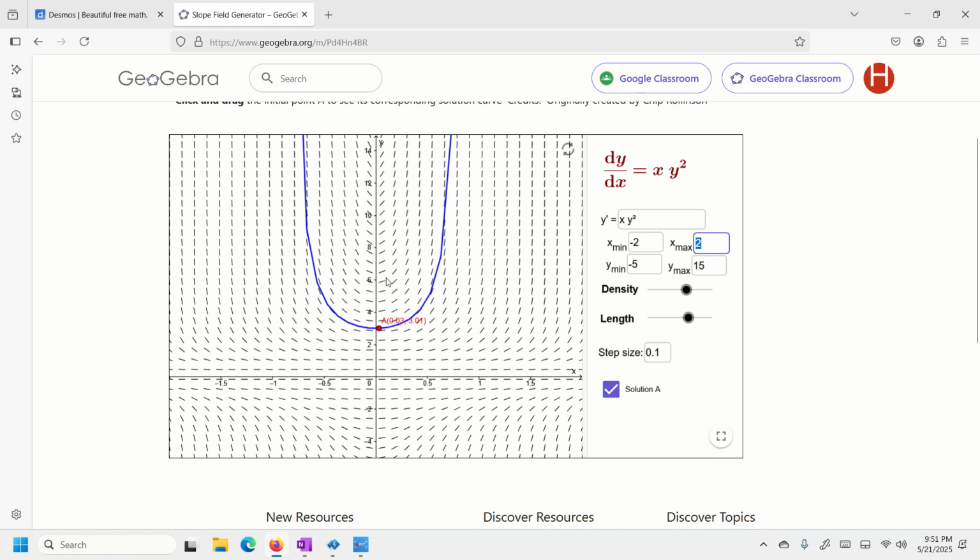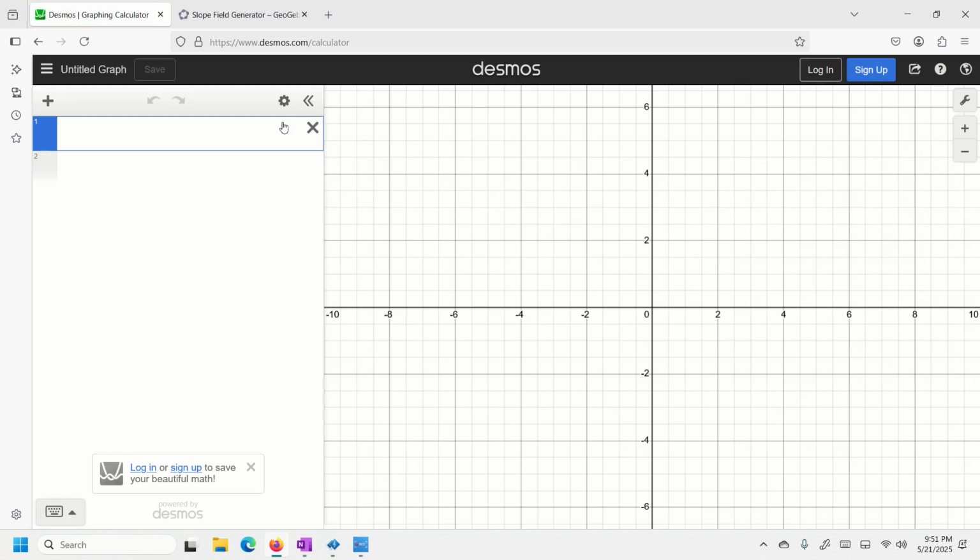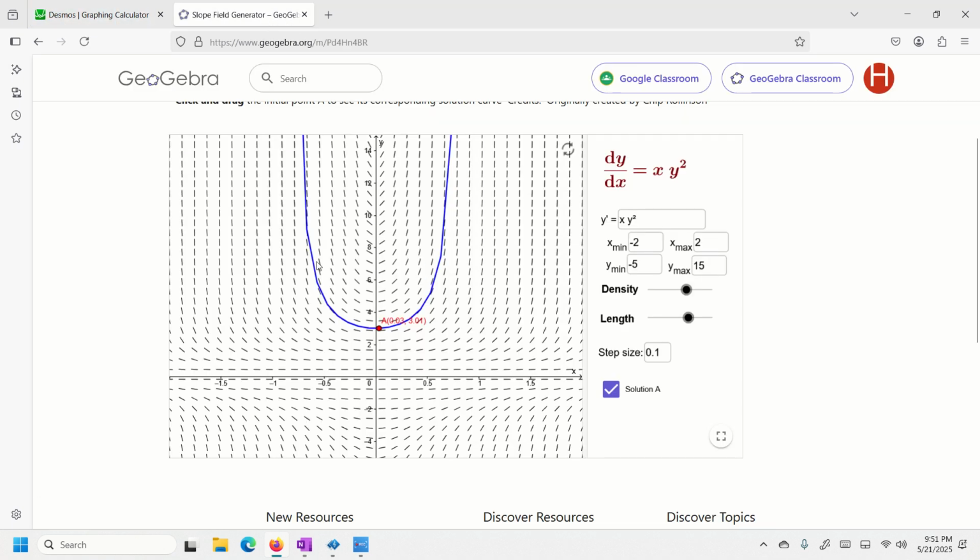We could go and use Desmos, www.desmos.com, and graph our function and see if our function looks like what we expect it to be.